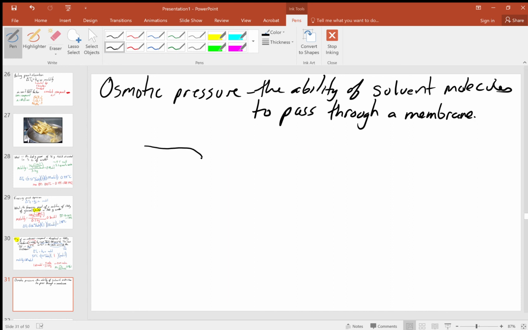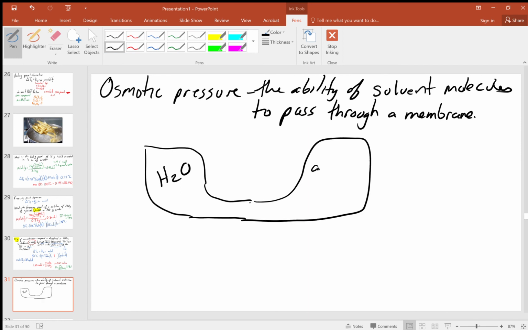So you might think of something like this. Over here we have water. And over on this side, we have a glucose solution. And here in the middle, we have a membrane that water can go through, but glucose cannot.